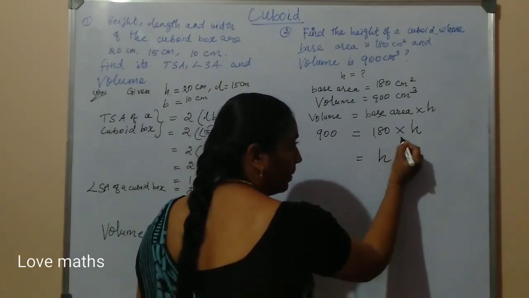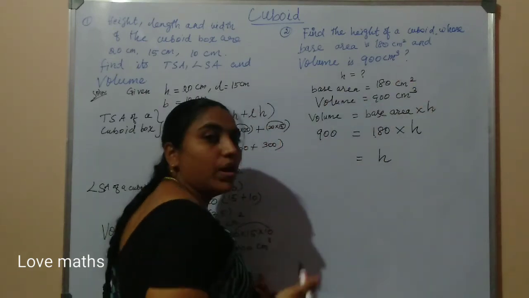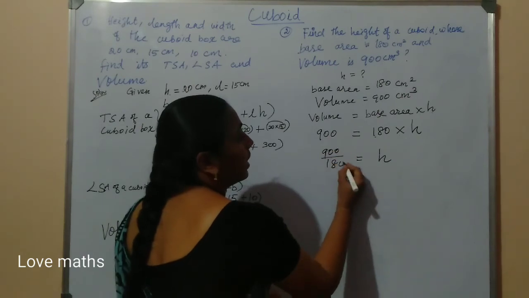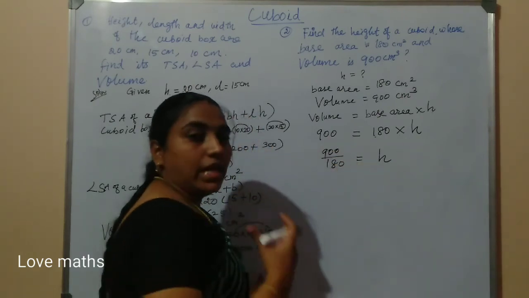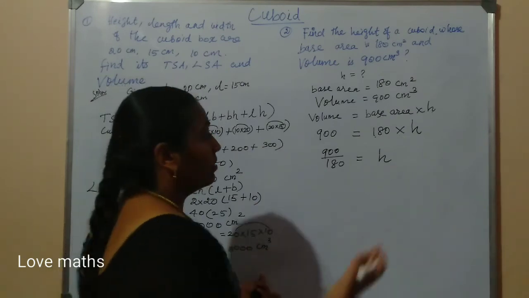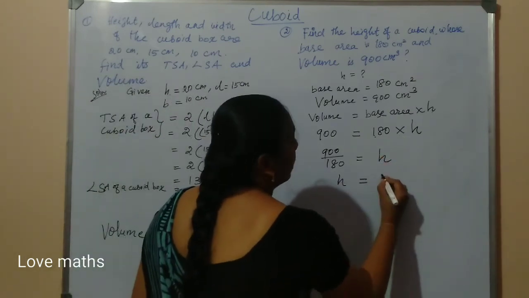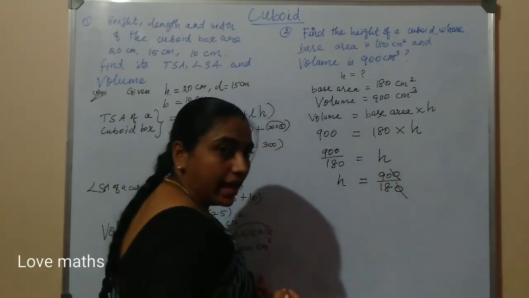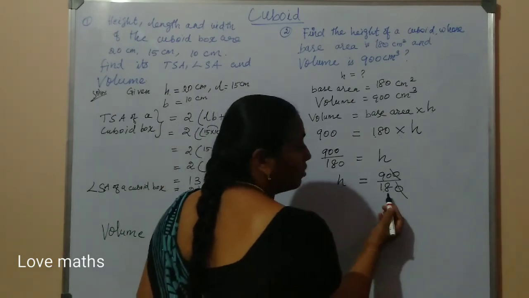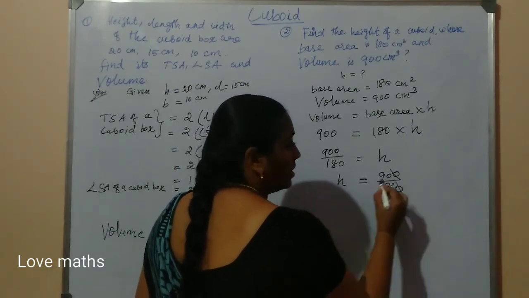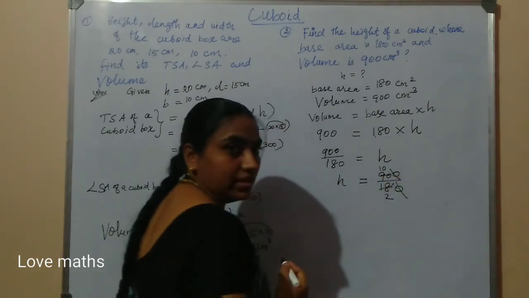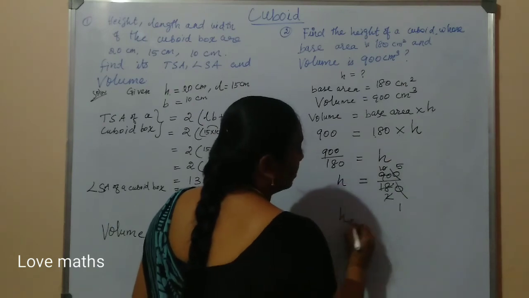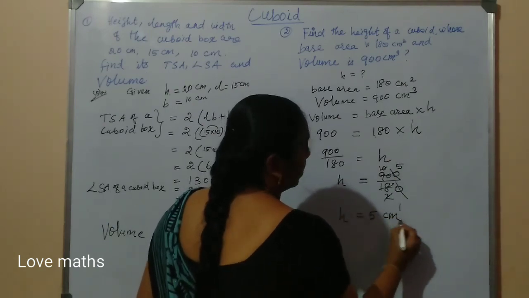Here 180 is multiplication, so on the opposite side of equal, multiplication comes as division. You can change because A equal to B means B also equal to A. So h is equal to 900 divided by 180. 0 and 0 cancel. Using the 9 table: 2 9s are 18, 10 9s are 90. Again 5 2s are 10. So h is equal to 5 centimeter.